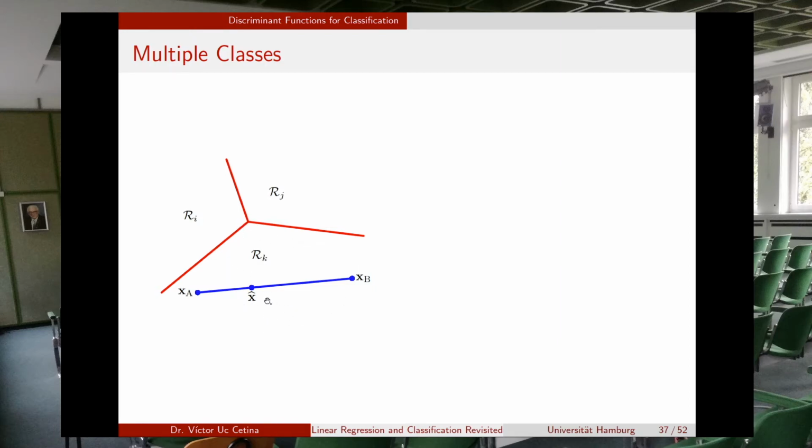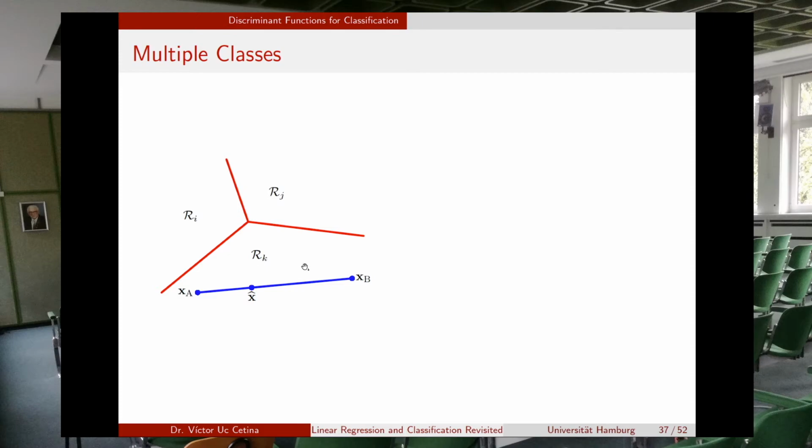Convex means that if you have 2 points from the same region, for example xa and xb, and you draw a line between these 2 points, then every point on that line will be in the same region as these points.